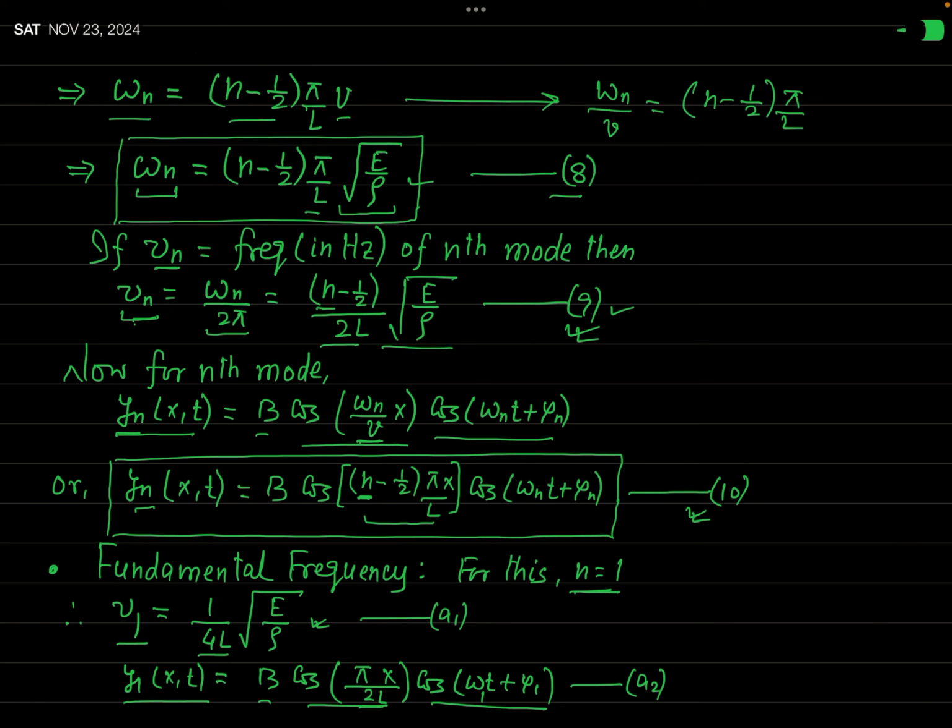Okay. Now see this equation. If you will take x equal to 0, then this cosine function will be cos 0, which is 1, and this 1 is the maximum value of this cosine function. So at x equal to 0, the value of this displacement y1 of xt will be maximum.